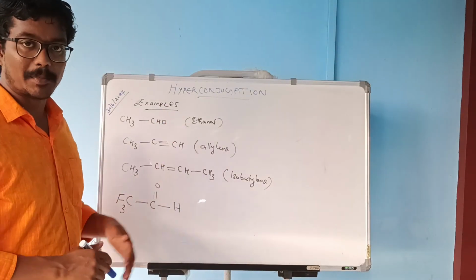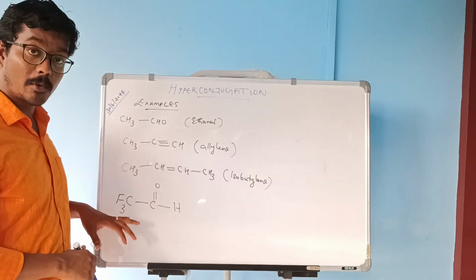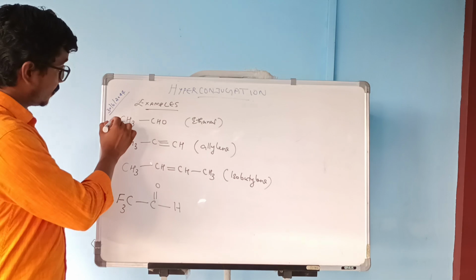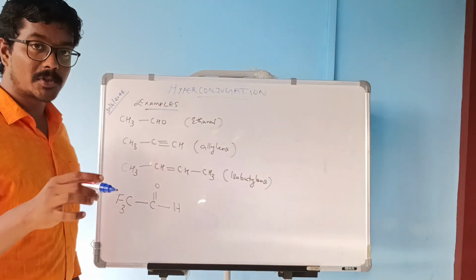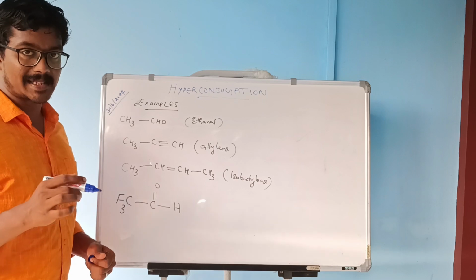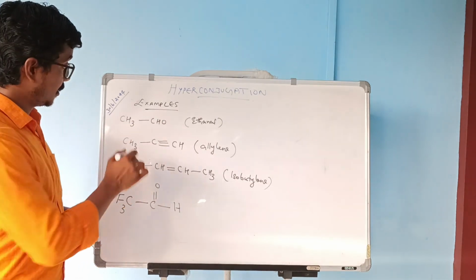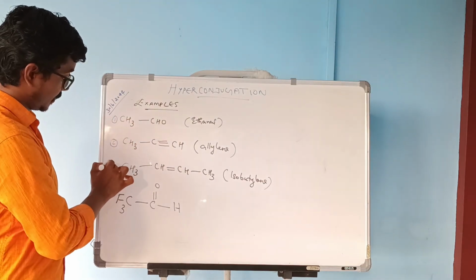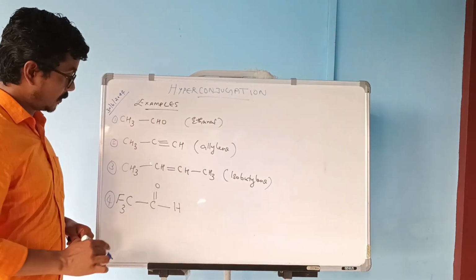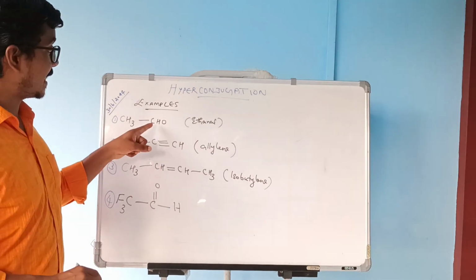Let's take this example. There are 4 cases. Which compound is not showing hyperconjugation? That's the question. Let's consider the first, second, third, and fourth. The first one is acetaldehyde.